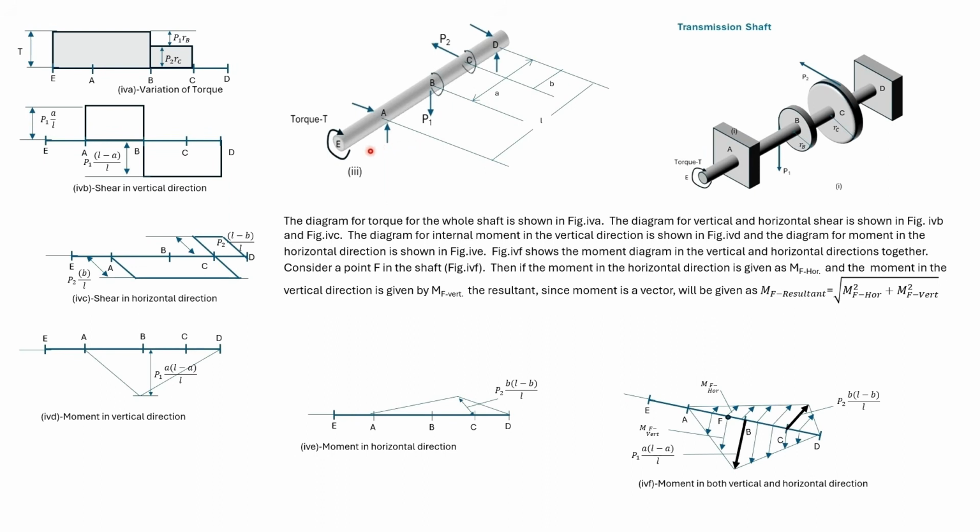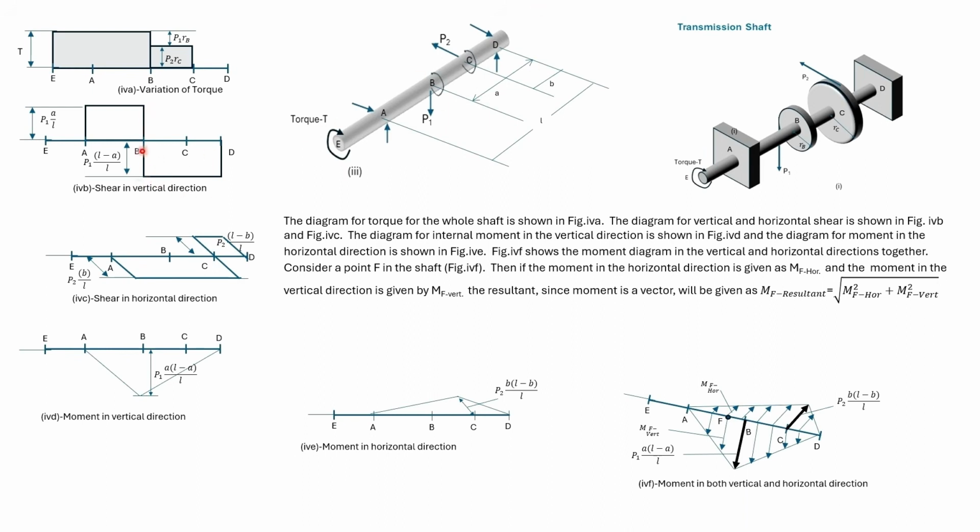When it comes to shear in the vertical direction between E and A, there's no shear. The reaction at A will be P1 into A divided by L, where A and L are shown. Force P1 acts at B and the shear drops.